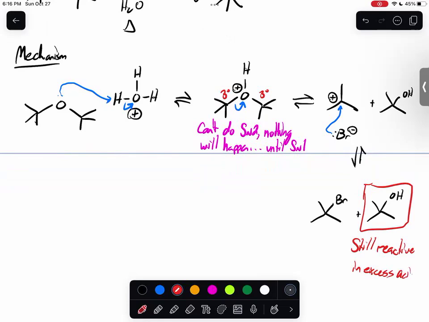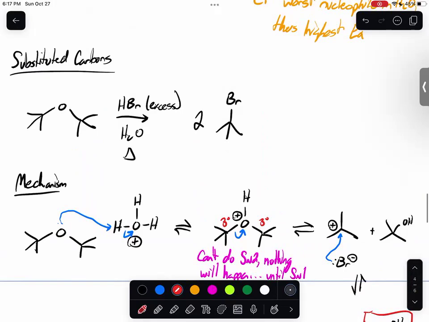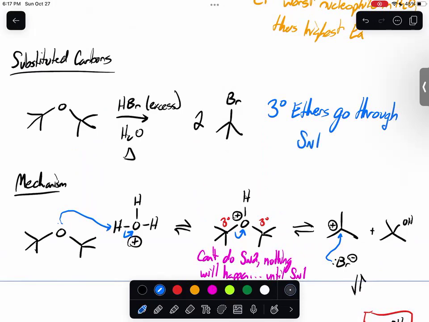So because of that, it will then go through and do the same substitution. So essentially what we're saying is tertiary carbons or tertiary ethers go through SN1. Okay? But that leaves the question, what about secondaries?